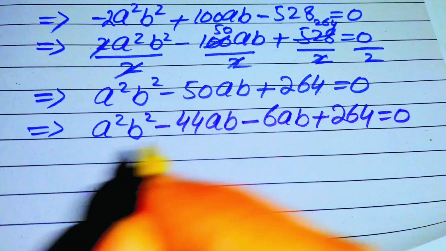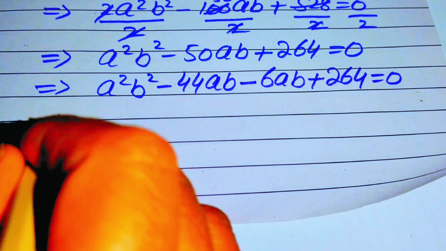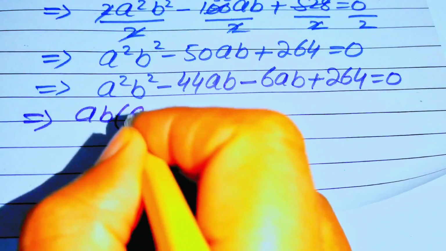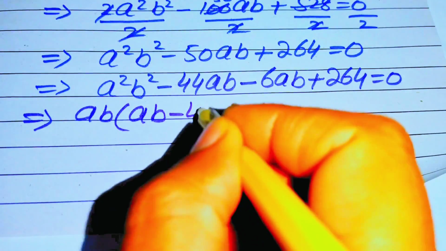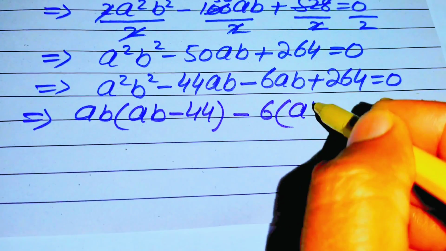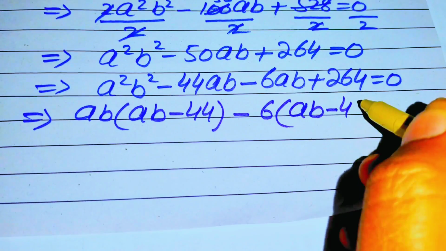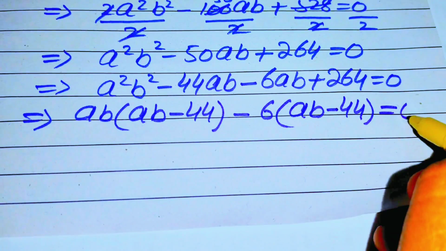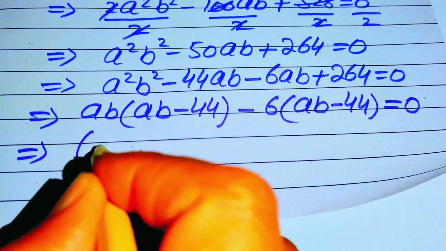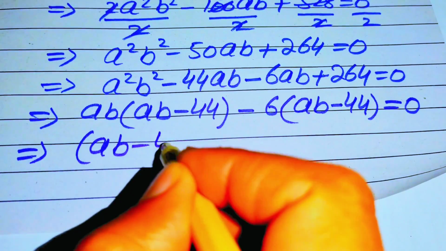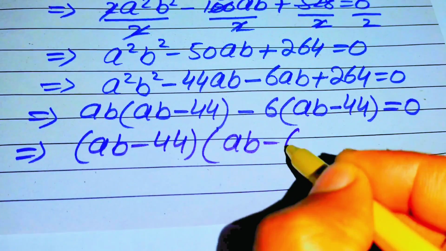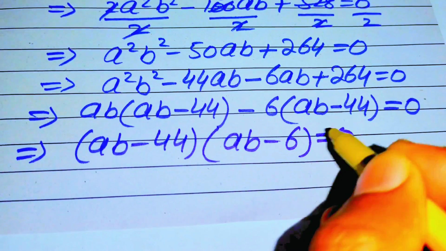plus 264 equals 0. Here first we take common ab on the first two terms and we get ab minus 44, and here we take common minus 6 and we get ab minus 44 equals 0. So ab minus 44 is the common term, and we get ab minus 6 equals 0.